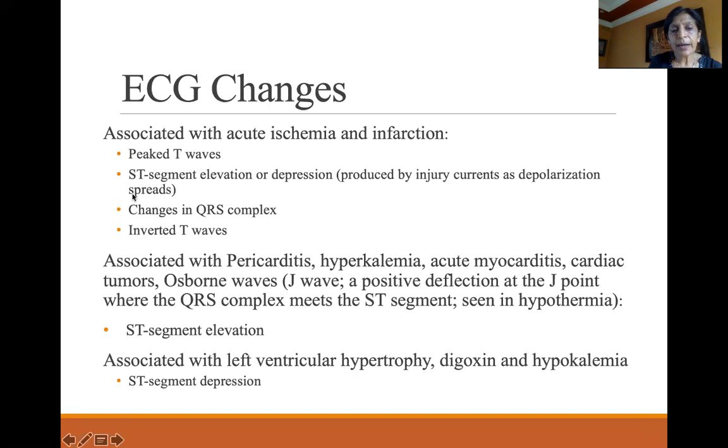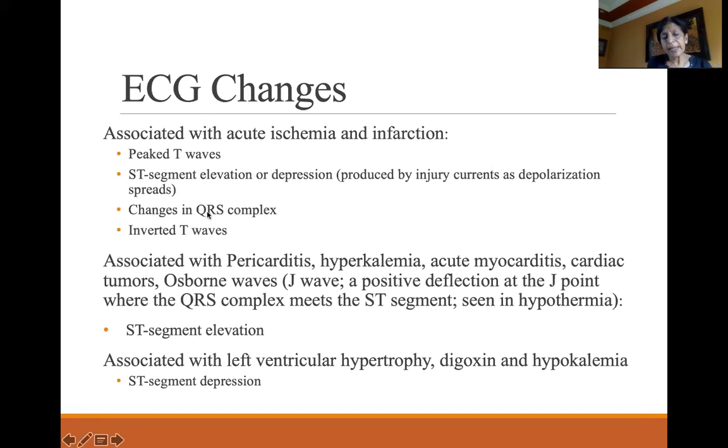All right, ST segment elevation or depression. Okay, so that's again, if you have lost muscle fibers, you would expect a depression. Elevation is when these new muscle fibers could be triggering elevation, ST segment elevation, produced by injury currents as depolarization spreads. Okay, changes in QRS complex.